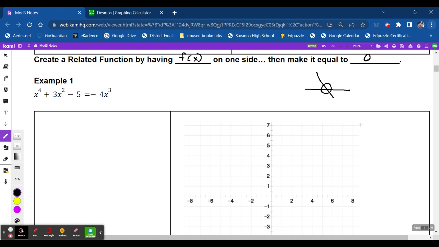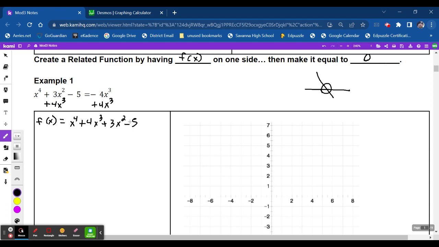What we have to do is move everything to one side and then make it equal to f of x. So f of x is equal to x to the 4th plus 4x cubed plus 3x squared minus 5.